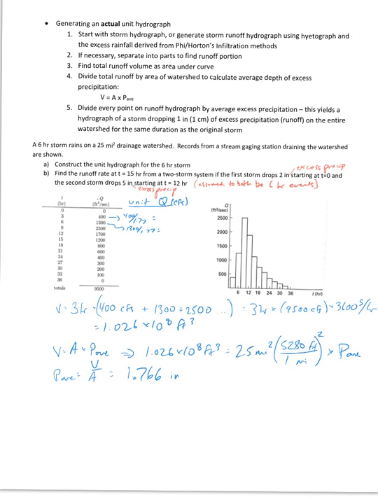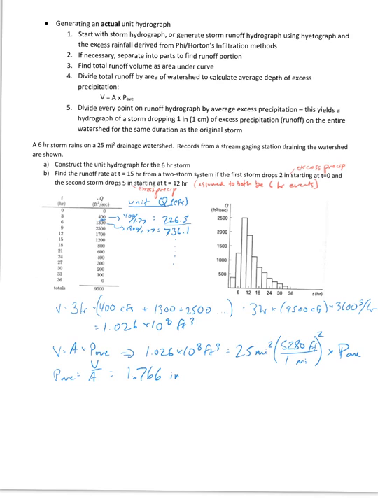For the first one, it would be 226.5. For the second one, it would be 736.1, and so on. So you see how that works. If it was 1.766 inches of excess precipitation, I'd have 400 CFS. For 1 inch, I would have 226.5.